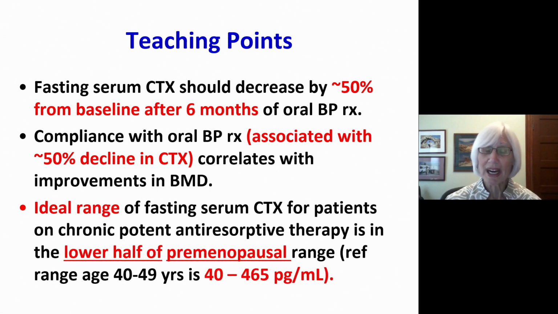And the ideal range of a fasting serum CTX in a patient on chronic potent anti-resorptive therapy is not in the postmenopausal range, but should be in the lower half of the premenopausal range, where we think the degree of bone turnover is ideal. So a postmenopausal woman on a potent bisphosphonate should be at around 100 to 200 on her CTX after she's been on this for 6 months.